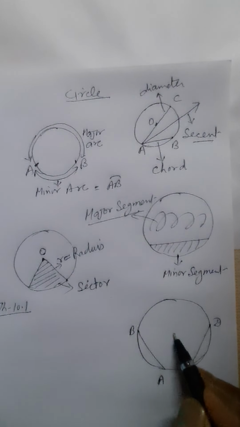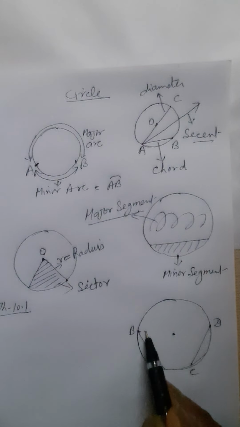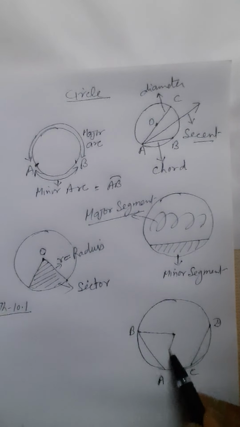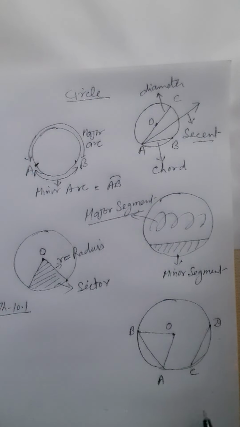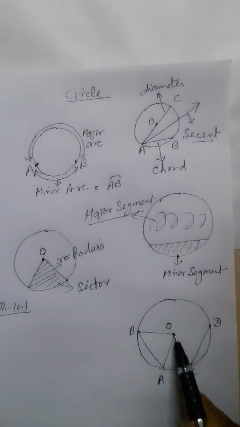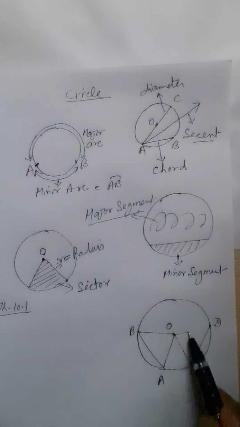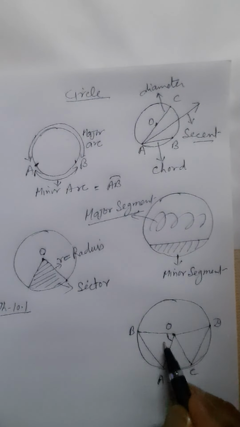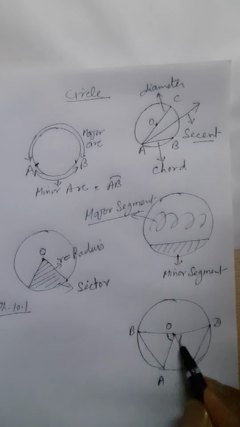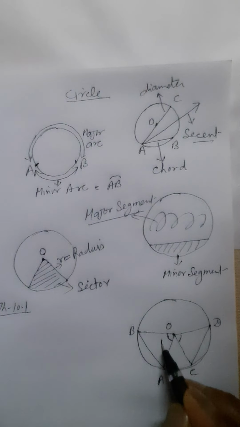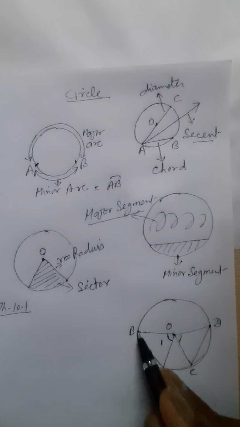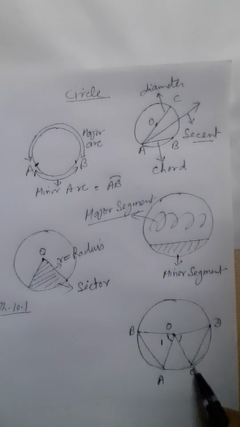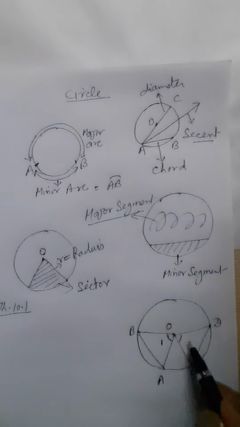Here is the center. This chord subtends the angle AOB at the center. Another chord subtends the angle COD at the center. The angle subtended by chord AB is angle 1, and the angle subtended by chord CD is angle 2.